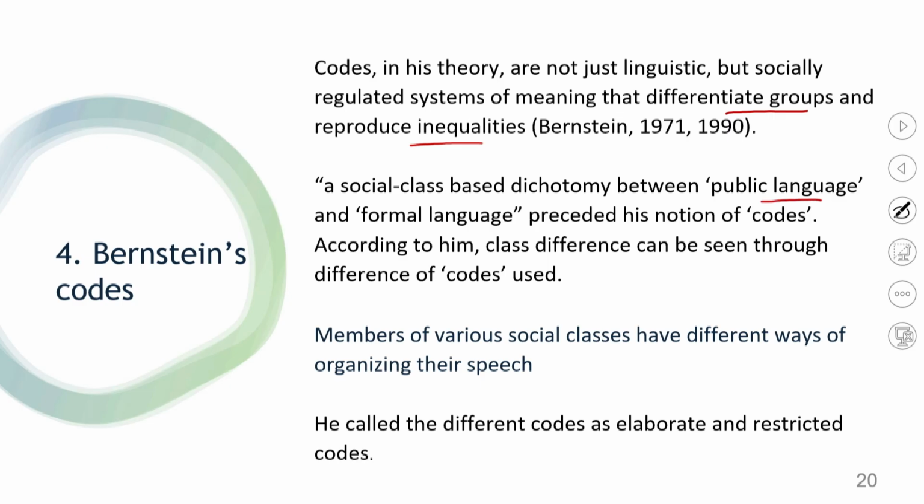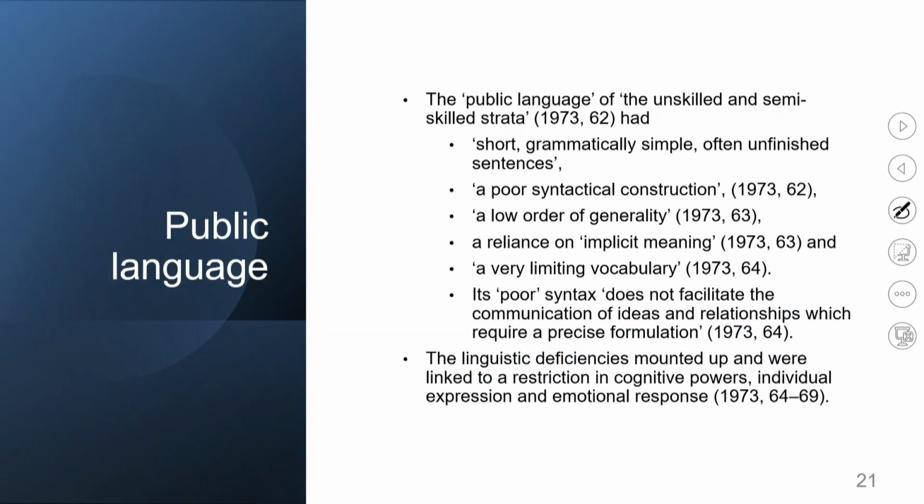A social class based dichotomy between public language and formal language: before he talked about restricted and elaborated code, he talked about public language and formal language, two different kinds of language structure. That was already there before he talked about his codes. Now, how are they different? Public language is the language of the unskilled and semi-skilled strata.